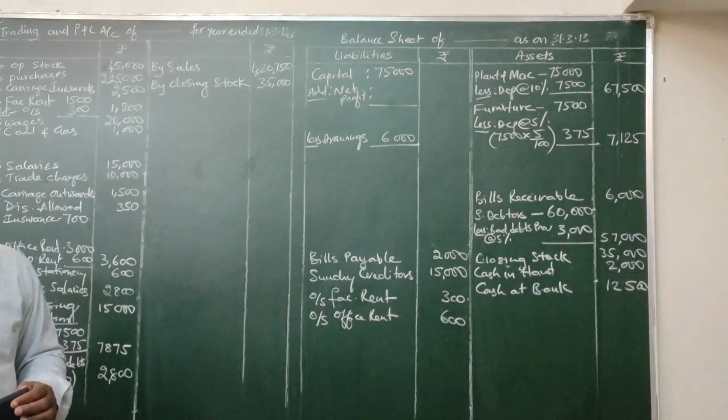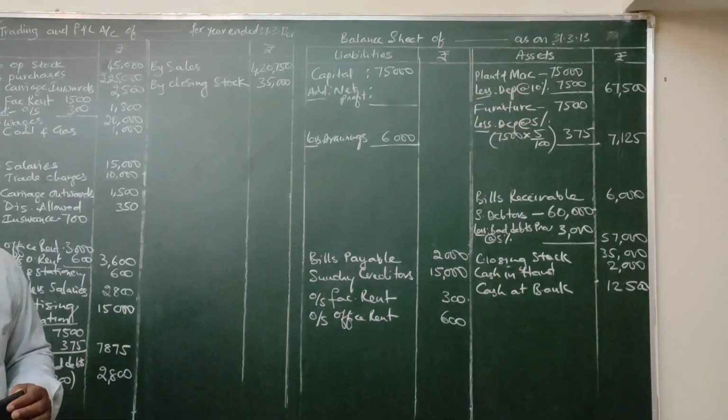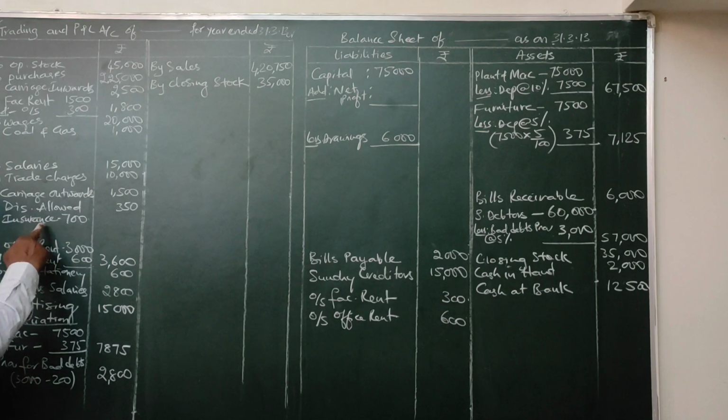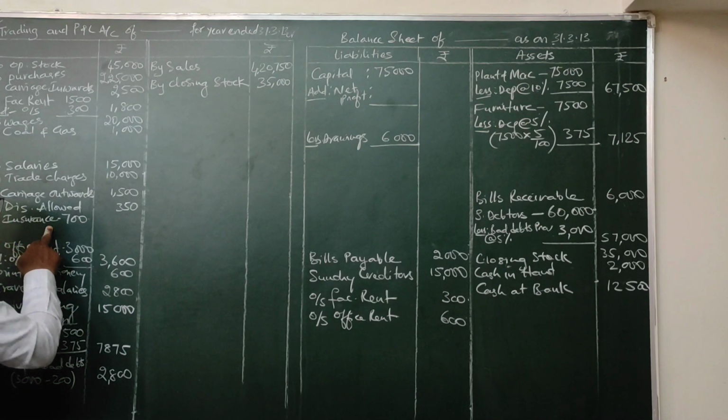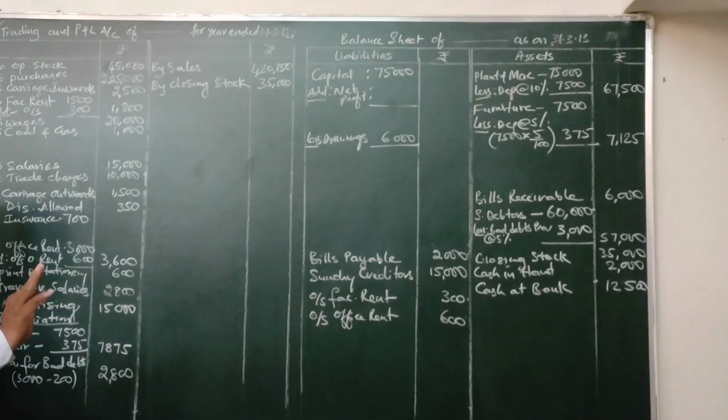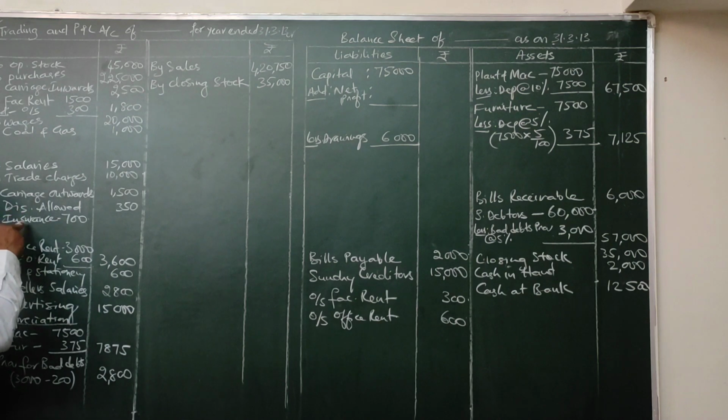Then next we are having the last adjustment. Insurance prepaid is 100. Insurance is an expenditure. Expenditure paid in advance is nothing but a current asset. So from this we should subtract it. Prepaid expense given in adjustment has a twofold effect. Deduct from the concerned expense account, that means deduct from the insurance.